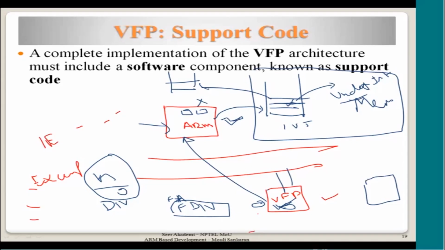So any exception handler specific to the particular coprocessor needs to be integrated into ARM's exception handlers, and then based on which coprocessor or which instruction has caused the exception, accordingly the handler can act on it.